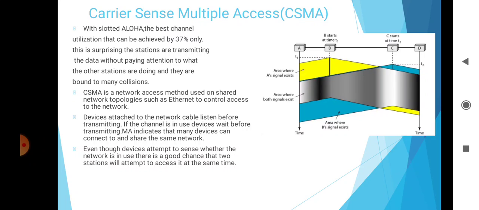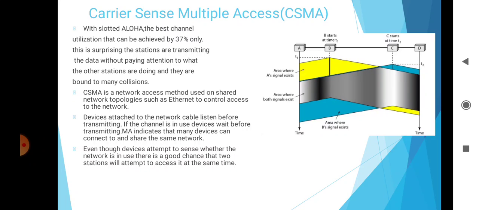Even though devices attempt to sense whether the network is in use, there is a good chance that two stations will attempt to access it at the same time. On a large network, the transmission time between one end of the cable and the other is enough that one station may access the cable even though another has just accessed it.